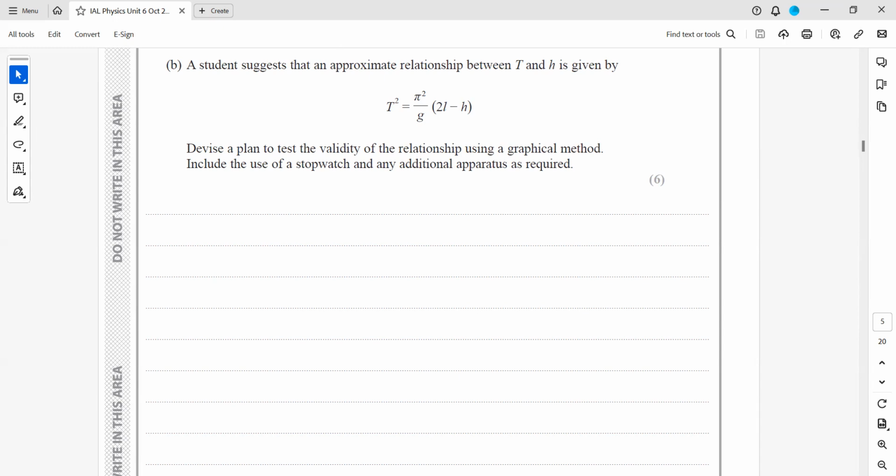So if you want to check the validity of this result, we have T square is equal to pi square over g, 2L minus h. So how should this experiment be done?